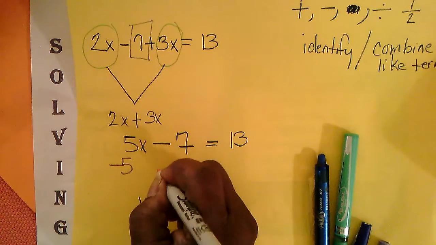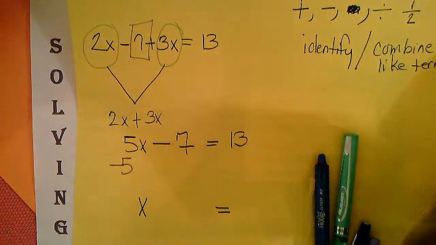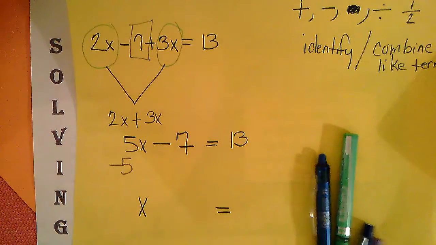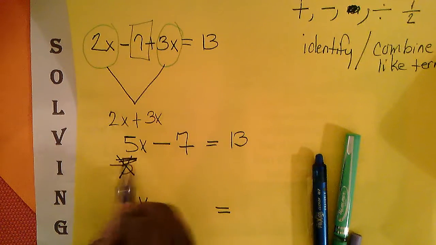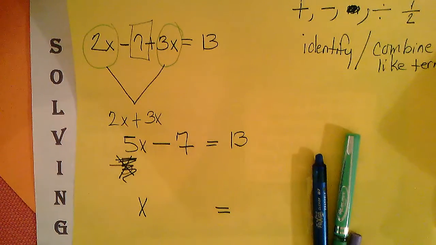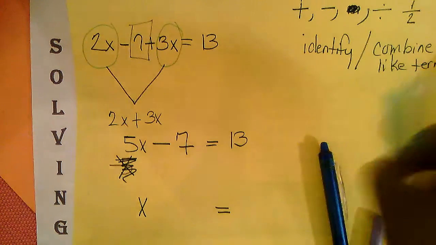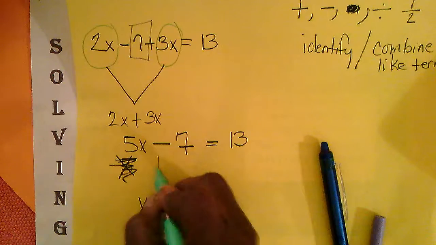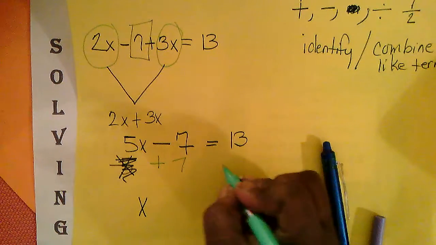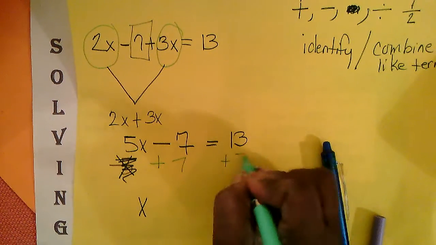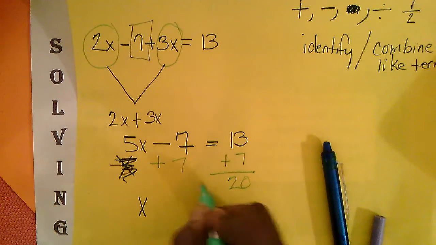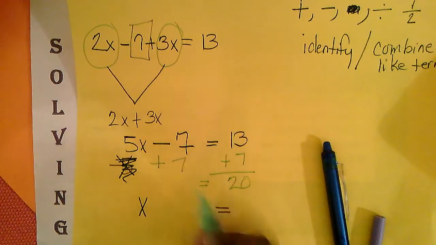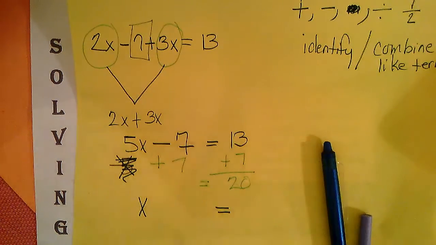So I'm going to cross that out. Not going to deal with that right now. We're going to add 7. So we add 7 to that side, add 7 to this side, which gives us 20 on this side. And then we have our 5x, which we can just bring down.